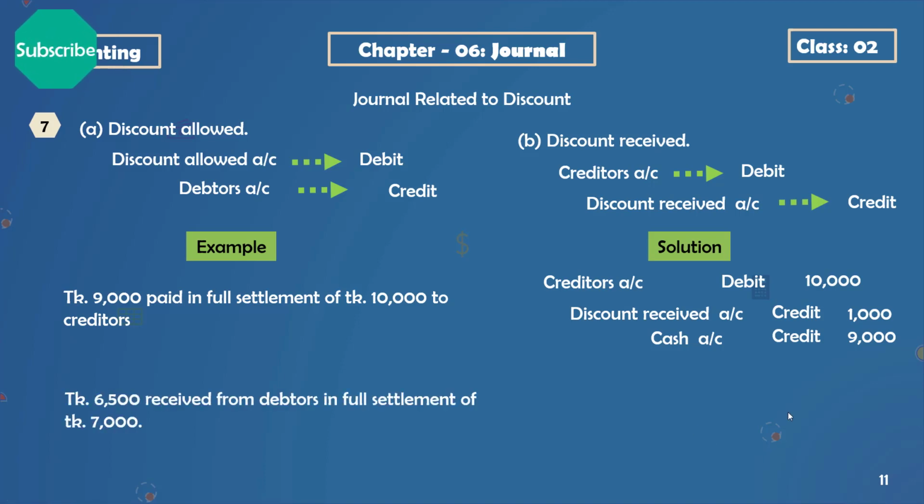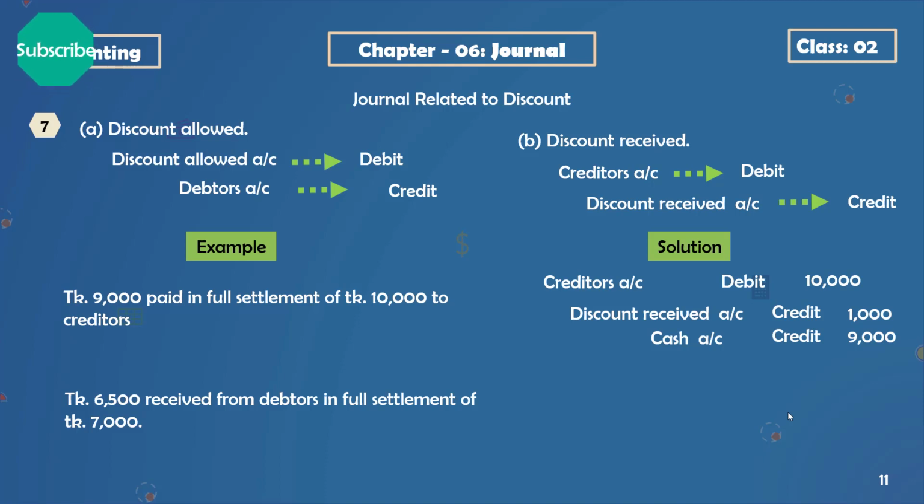Taka 6,000 received from debtors in full settlement of Taka 7,000. This is just the opposite of the previous transaction. This time you are receiving the amount and allowing discount to your debtors. Remember this very carefully: when you receive payment from your debtors, you have to allow discount.